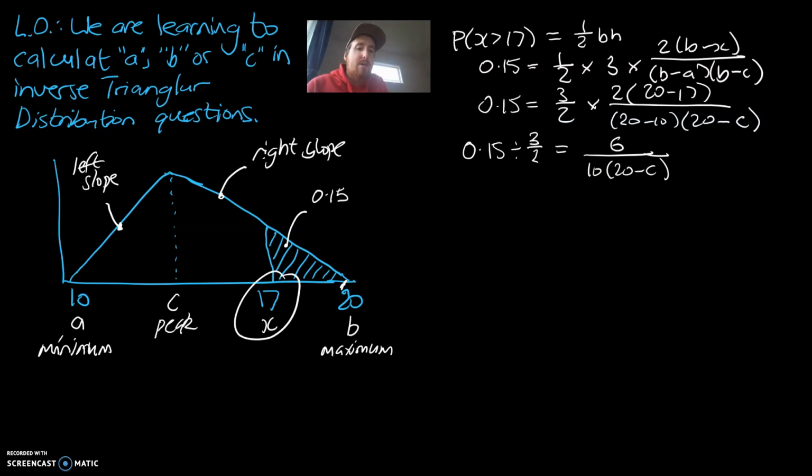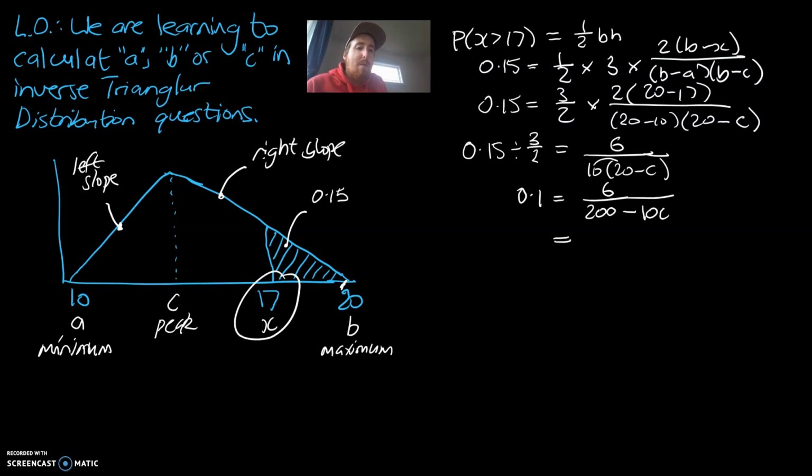Let's do that on the calculator: 0.15 divided by 3/2 becomes 0.1. So 0.1 is equal to 6 divided by, expanding that bracket down the bottom, 200 minus 10c.